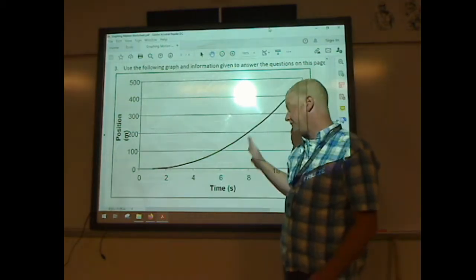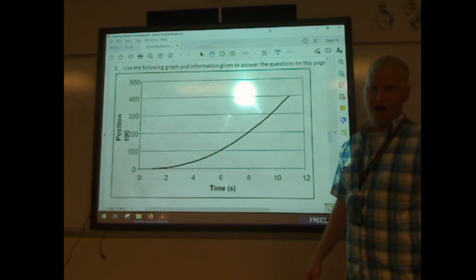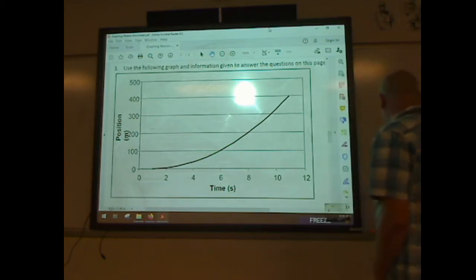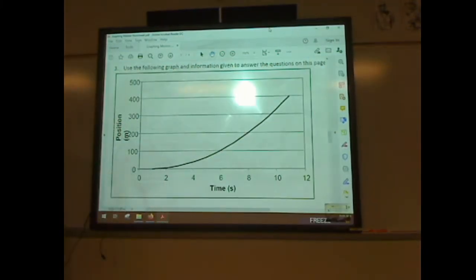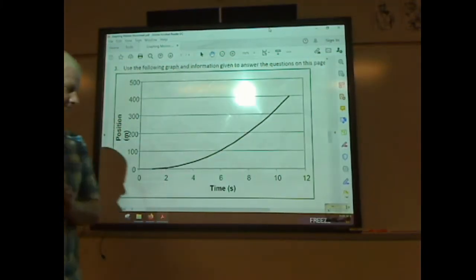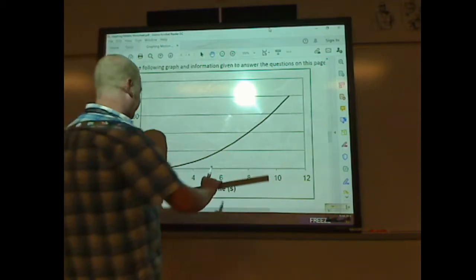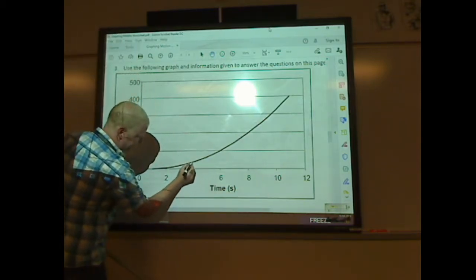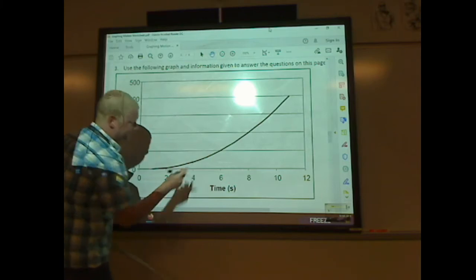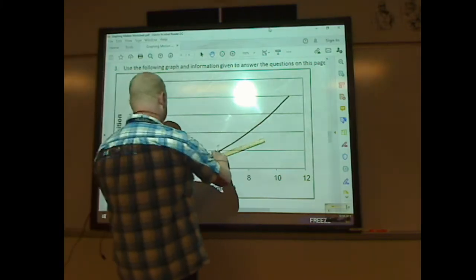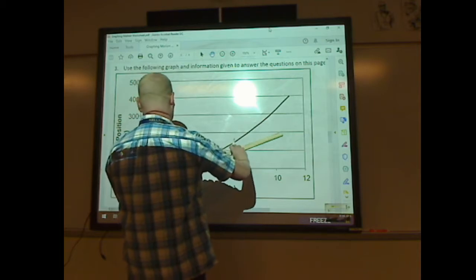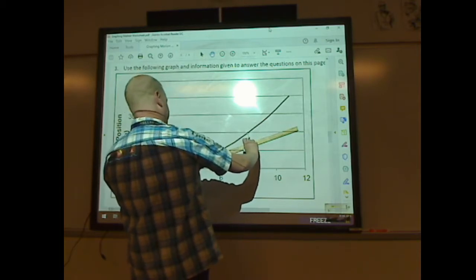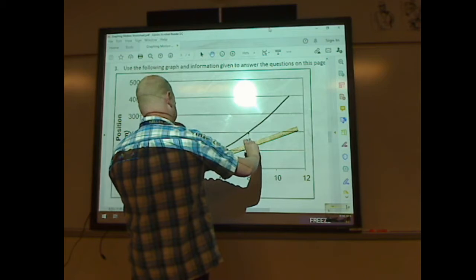So how do we go about finding the instantaneous velocity on a curve? Well, you need a ruler. All right, what you're going to do is you're going to take that ruler at time equals 4 seconds, and you're going to draw a line as best you can that is tangential to the curve at that point.